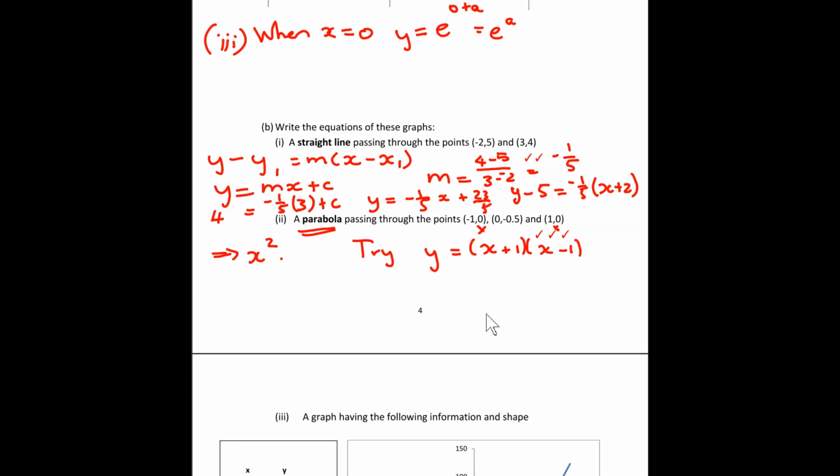Now, if you check that, then you get a y-intercept of negative 1. But this is wrong because they tell you the y-intercept is negative a half.